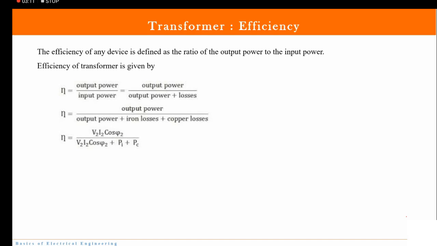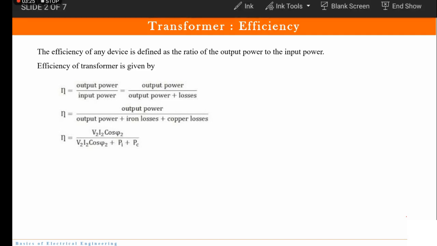Now these are two different nomenclatures, like we can represent it by Wi or WCU or PI, PC. As I said, at various places we use various nomenclatures. Even if I write this, it is the same.